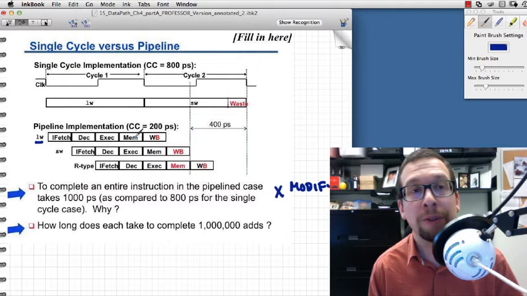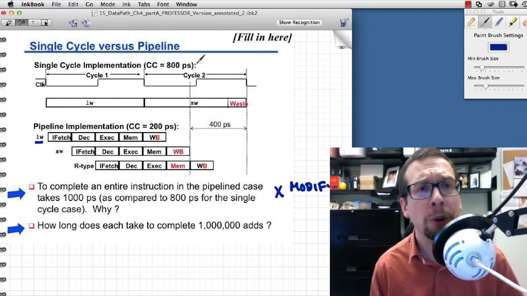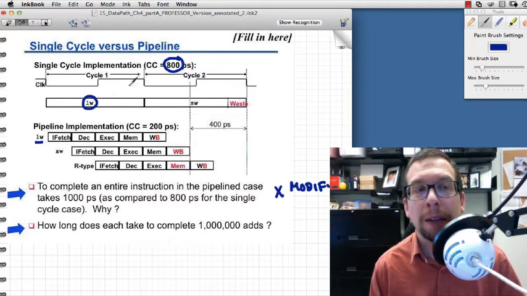Then you have 200 for the memory read or write. In this case, it would be a read. And you have 100 to write to the register because it's fast. So in total, you would have 800 picoseconds for a typical instruction like a load word inside of a single cycle architecture. Now, for a pipelined architecture, and in this case, we're assuming a 3-stage pipeline.